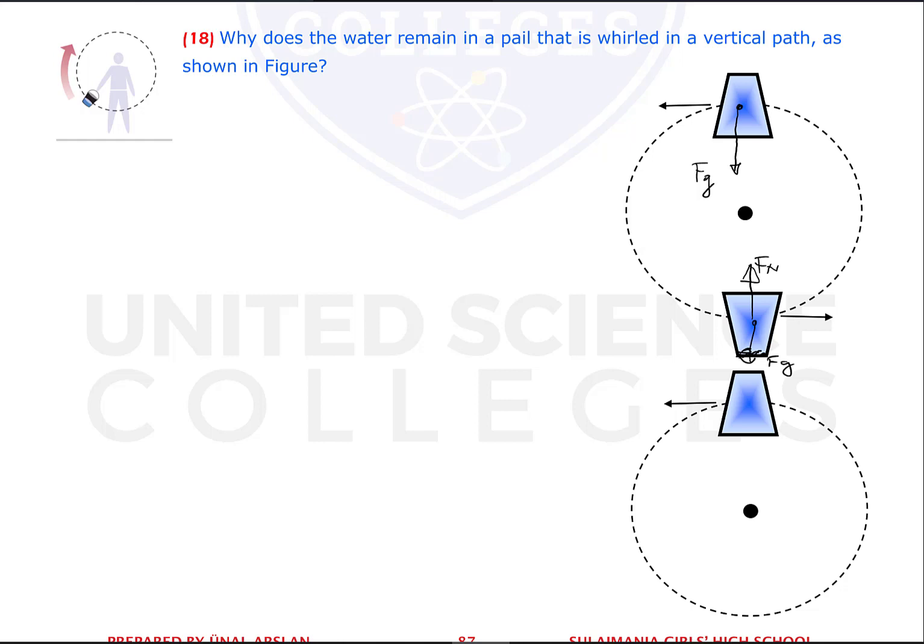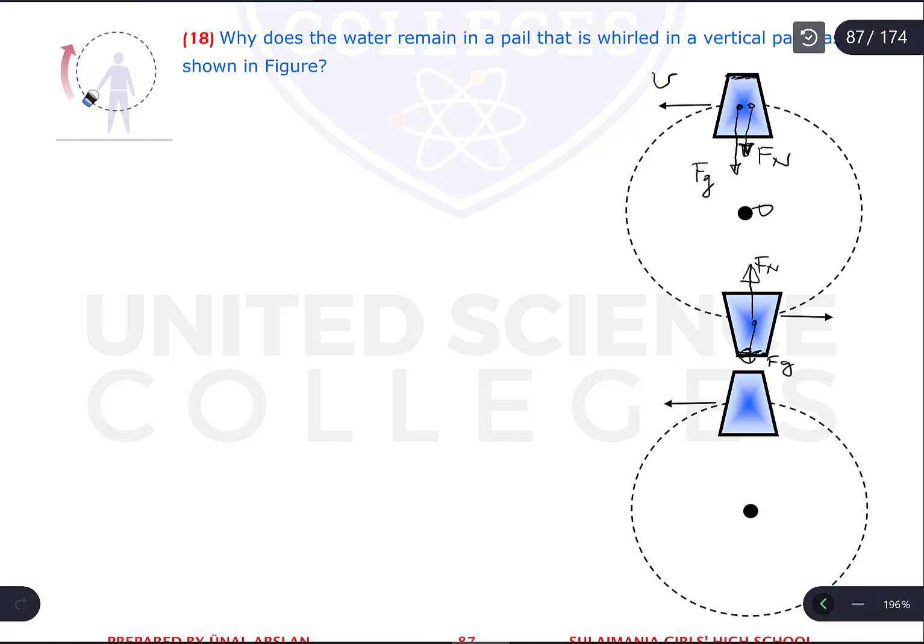And one more force will be acting on this water, because the bottom of the pail is in contact with the water inside the pail. So the bottom this time will be applying a force on the water downward. So Fn applied by the pail's bottom on the water is going to be this time downwards towards the center of the circle.